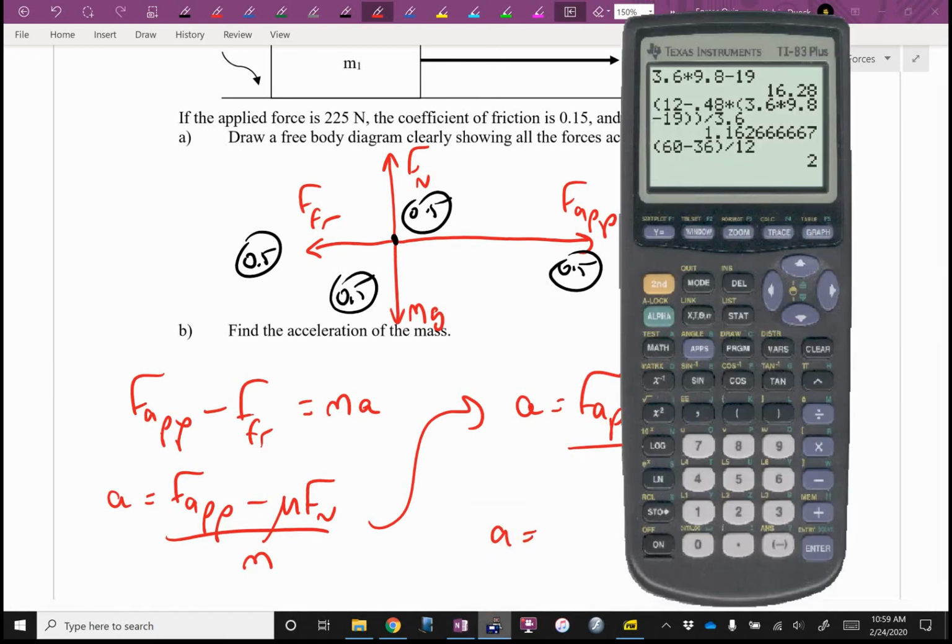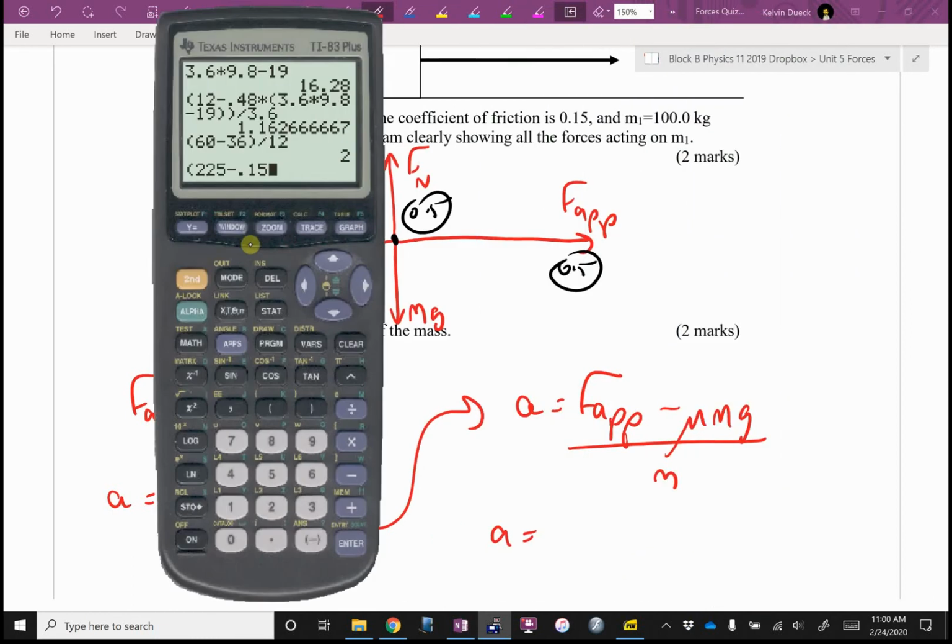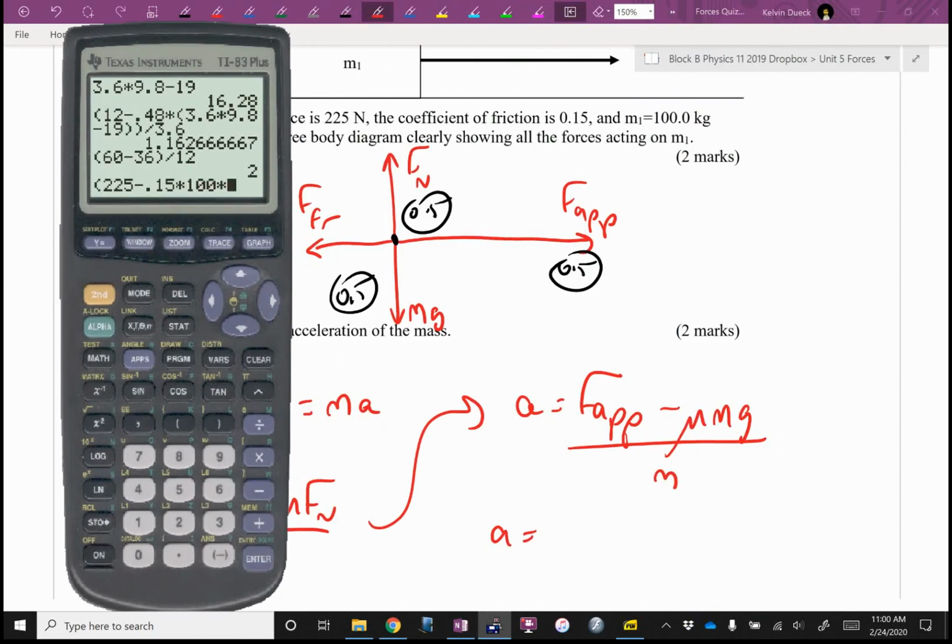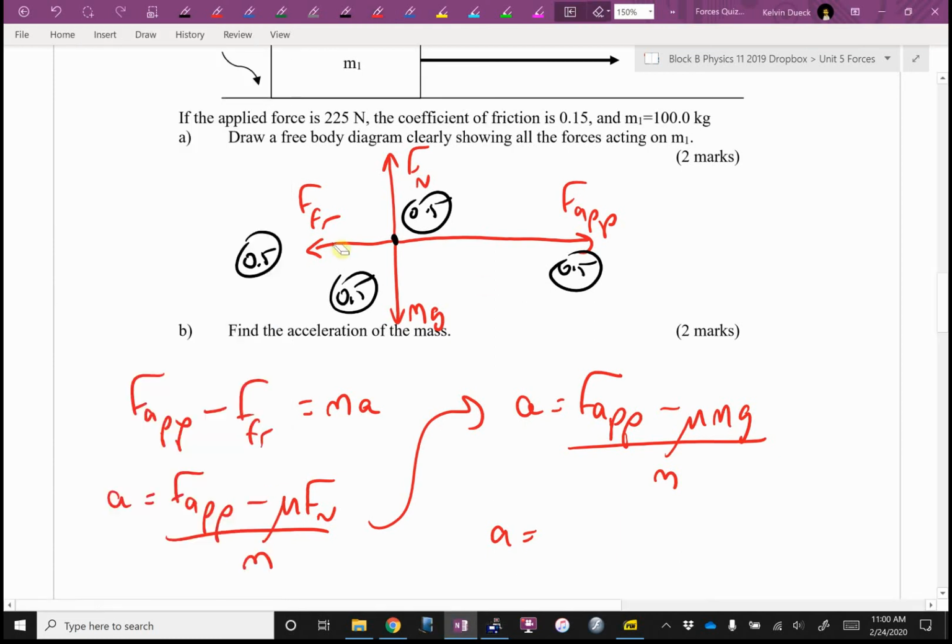And if I go to, what do I have? 225 minus mu times 100 times 9.8 divided by 100. You get 0.78? This is almost in balance. Probably this friction should be almost the same length as F applied because we're barely accelerating at all. But we are. What if I got, before you turn the page, what if I got a negative answer?